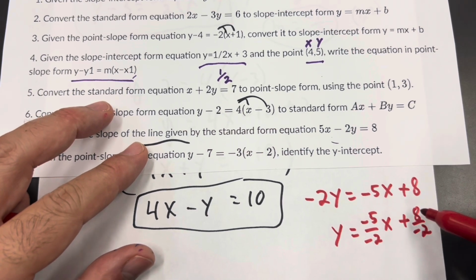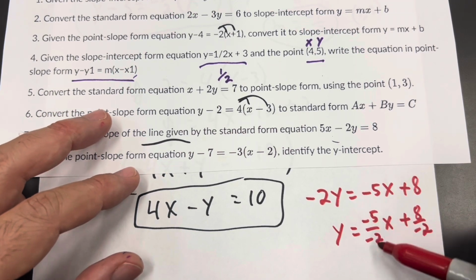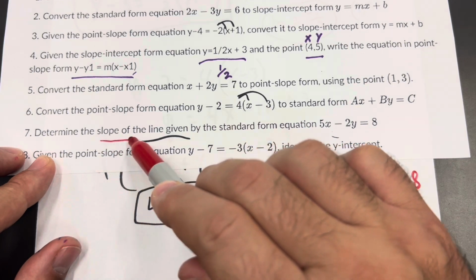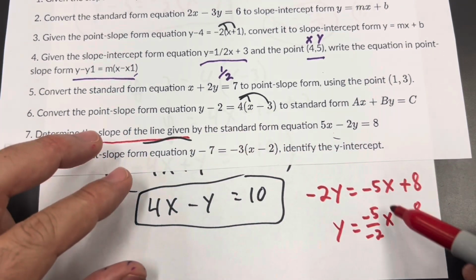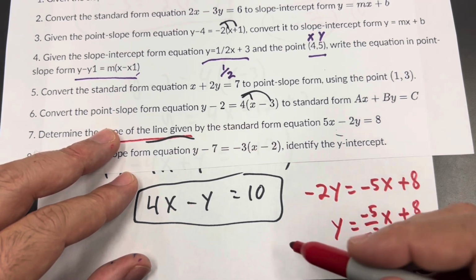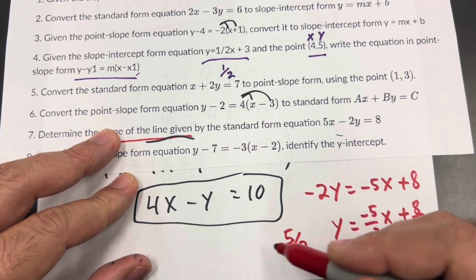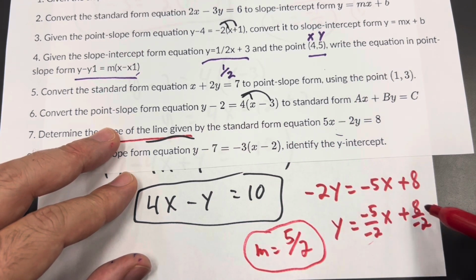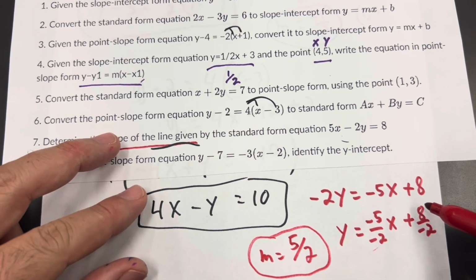So I don't care too much about the back, so the front is 5 over 2. So my slope, because what they're asking is to determine the slope of the line given, minus divided by minus, remember, is plus. So the answer is 5 over 2. So that's m, my slope. If they want the y-intercept, it will be minus 4.